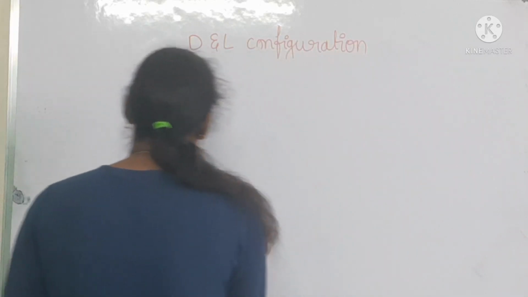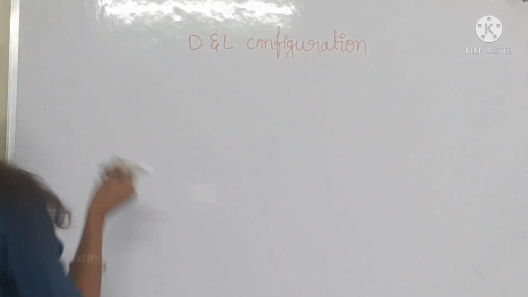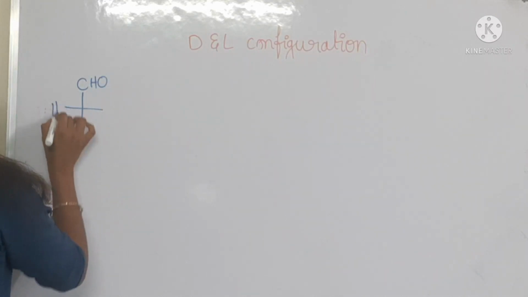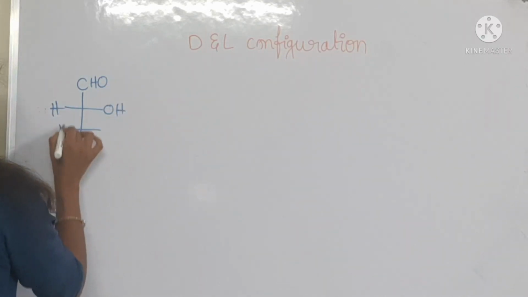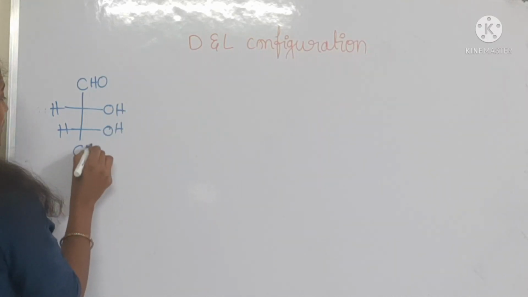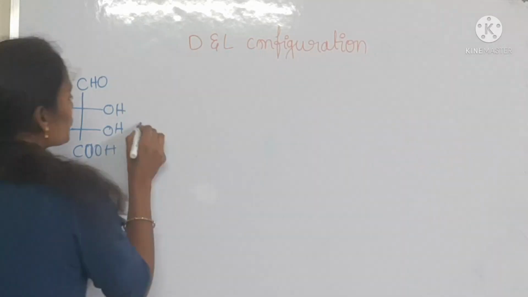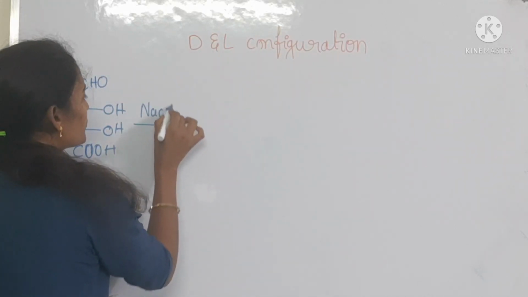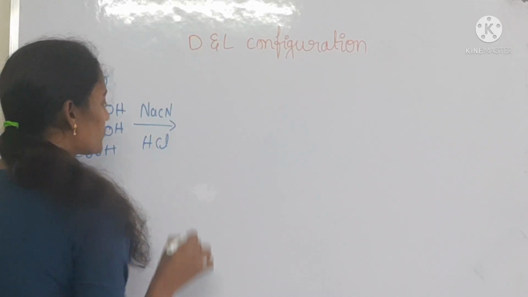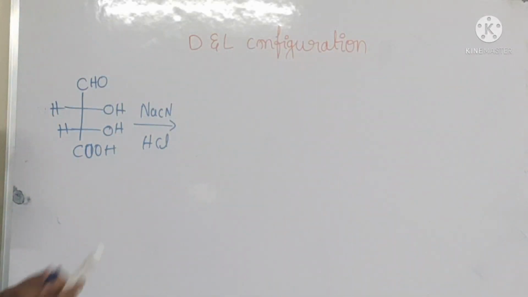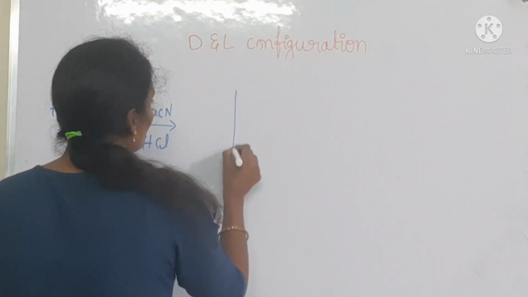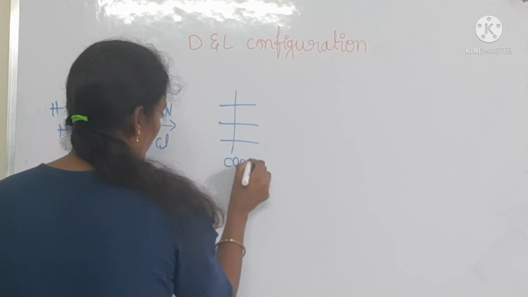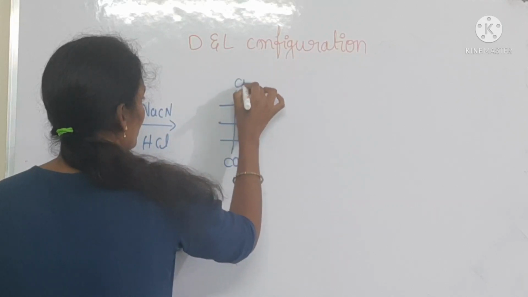To that one you have to take an aldose. This is an aldose, students. If this aldose is involved in nucleophilic substitution reactions in the presence of sodium cyanide with HCl, then you will get two isomers of this aldose.